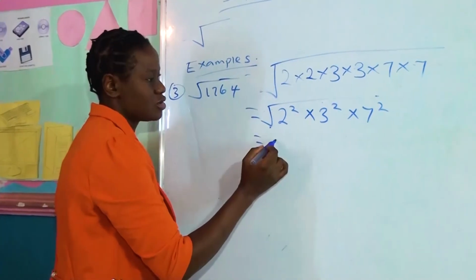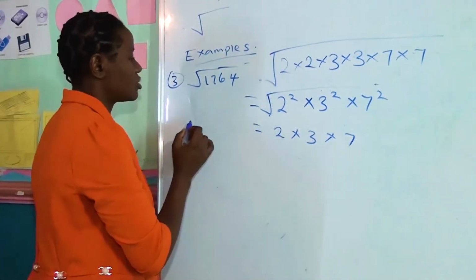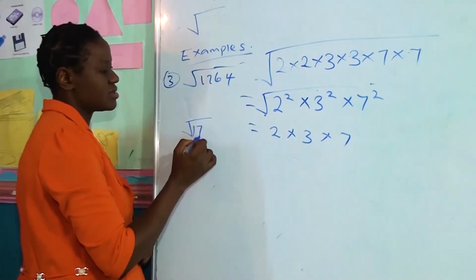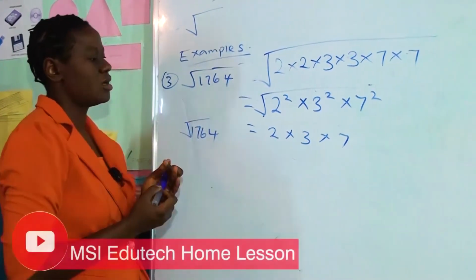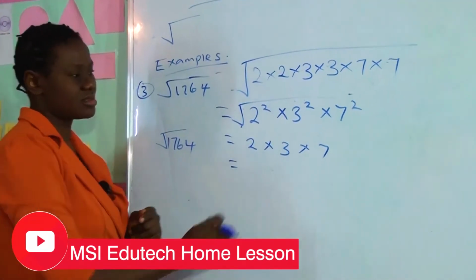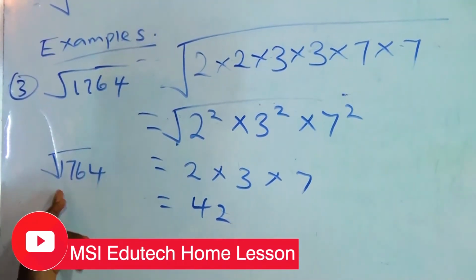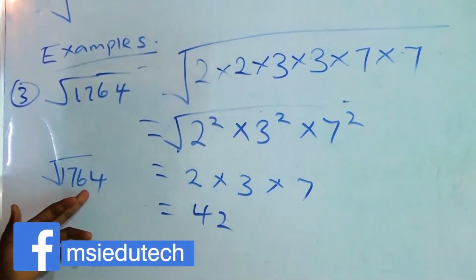So we have 2 times 3 times 7 left. So the square root of 1,764 will be 2 times 3 times 7. 2 times 3 is 6, times 7 is 42. That means 42 times 42 will give us 1,764.